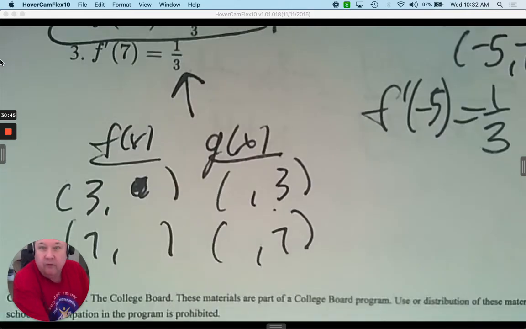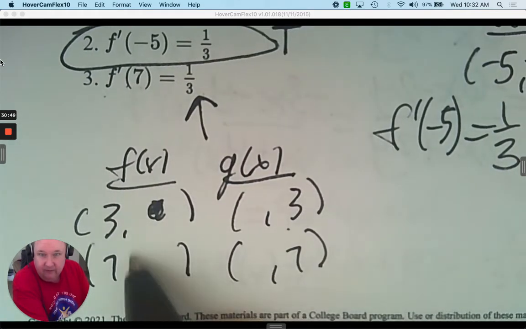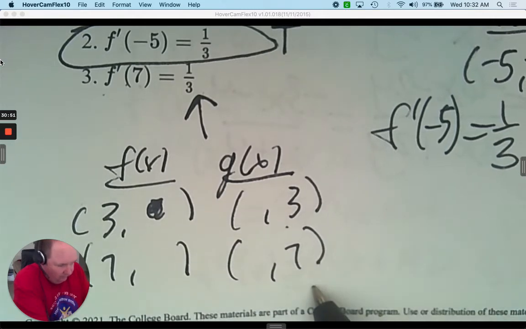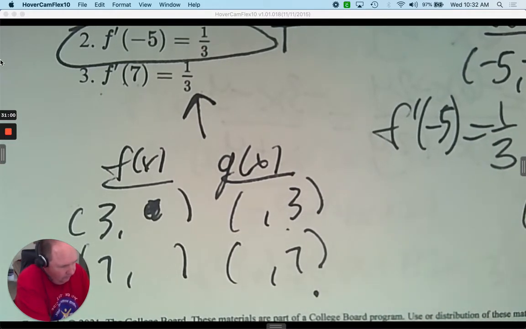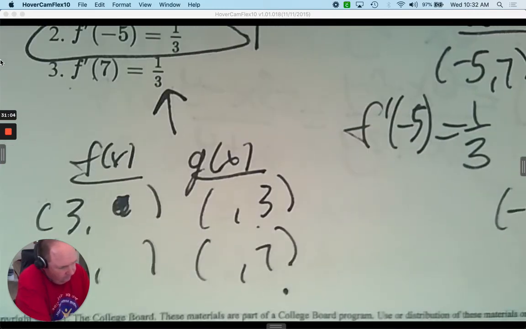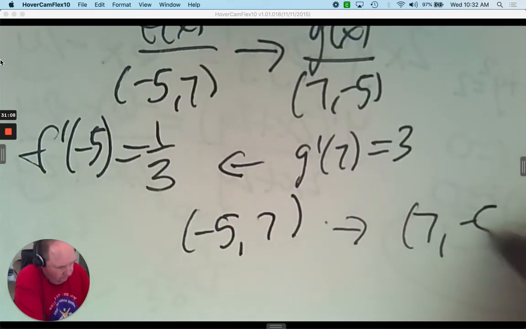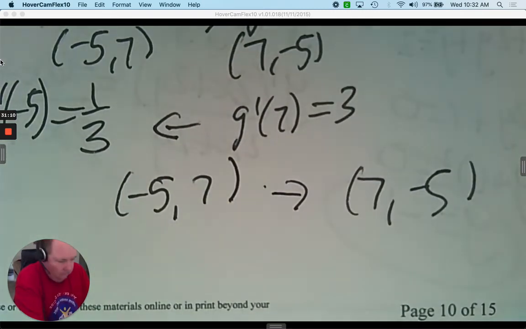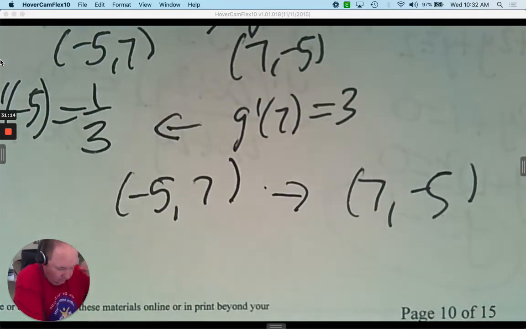The other one, the derivative for f at 7, if I did the reciprocal, then for g... All right.